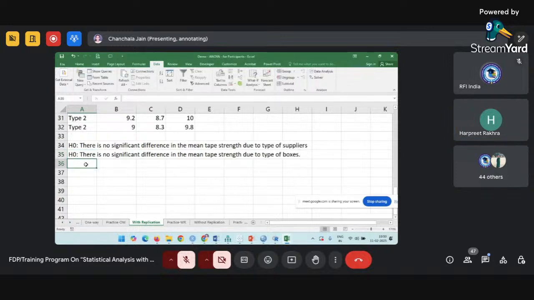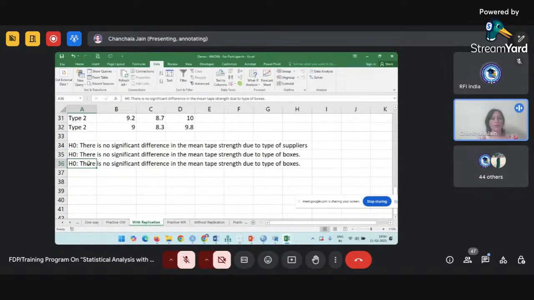So this is the second one, the third one, due to the interaction effect.